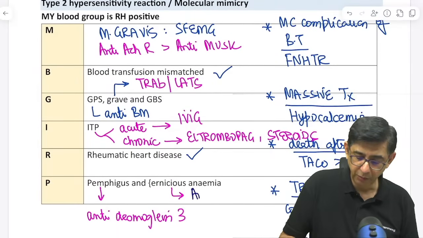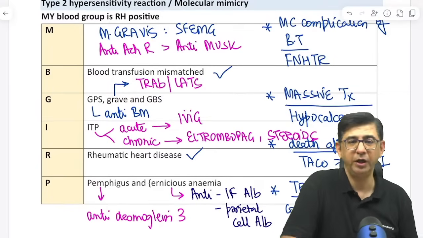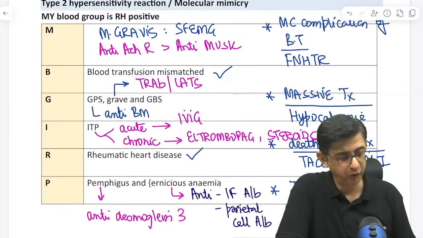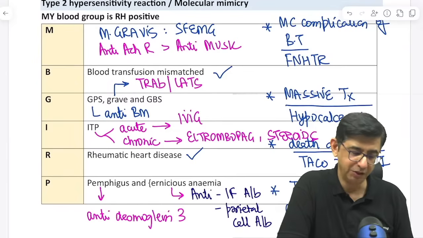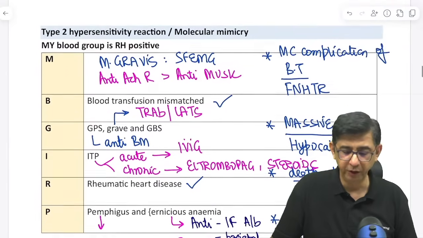The answers would be anti-intrinsic factor antibody and anti-parietal cell antibody. तो B12 absorb नहीं होगा, so this condition will also contribute to development of macrocytic anemia or megaloblastic anemia, which happens to be one of the leading causes of development of vitamin B12 deficiency.